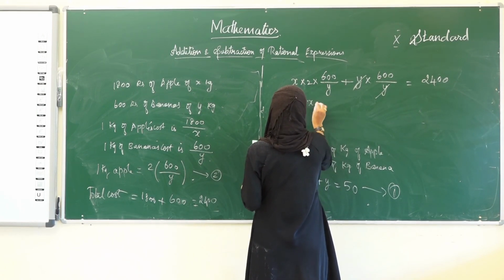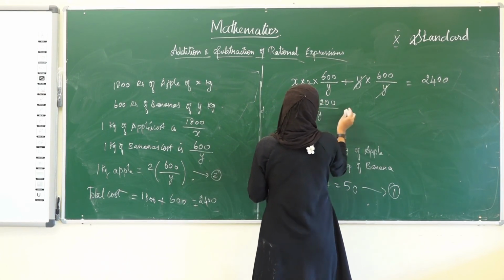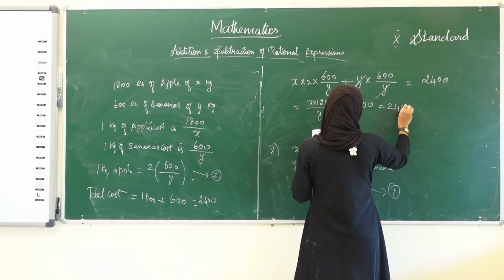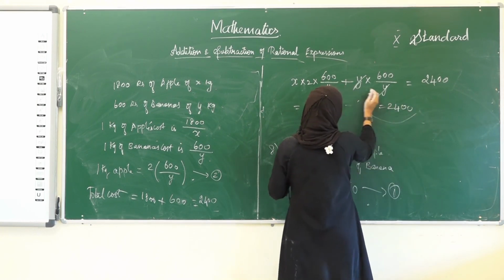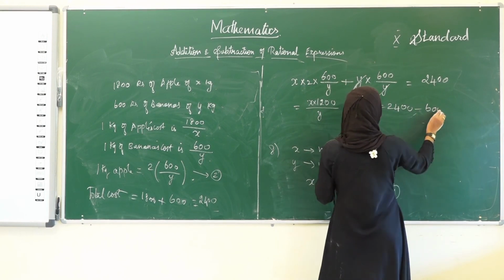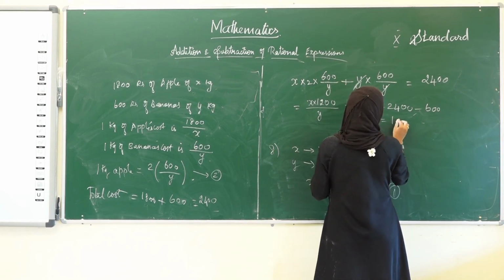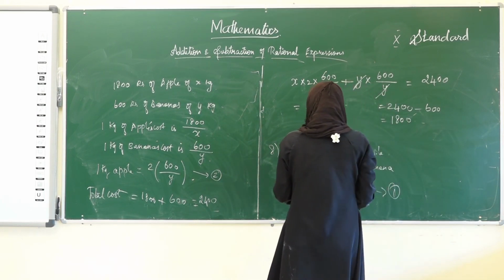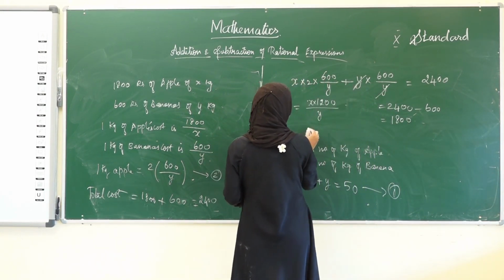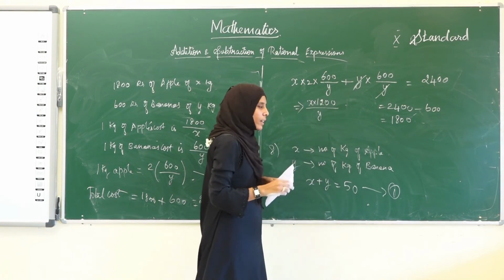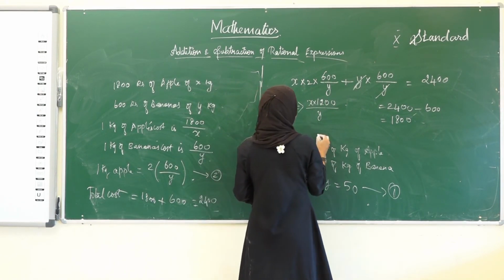Therefore x into 1200 divided by y plus 600 is equal to 2400. This term goes to this side, therefore 2400 minus 600 will be 1800. We have x into 1200 divided by y is equal to 1800.